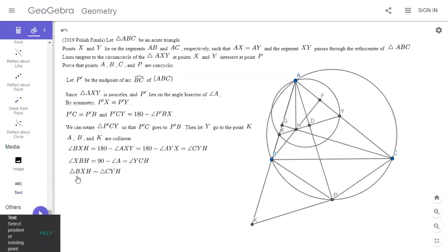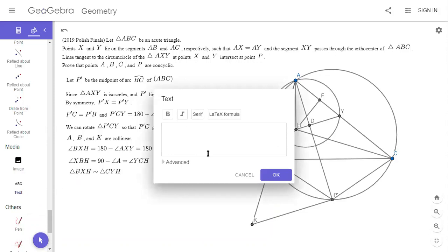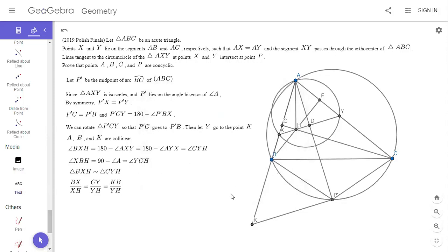So all right. Which means that YK is parallel to BH.